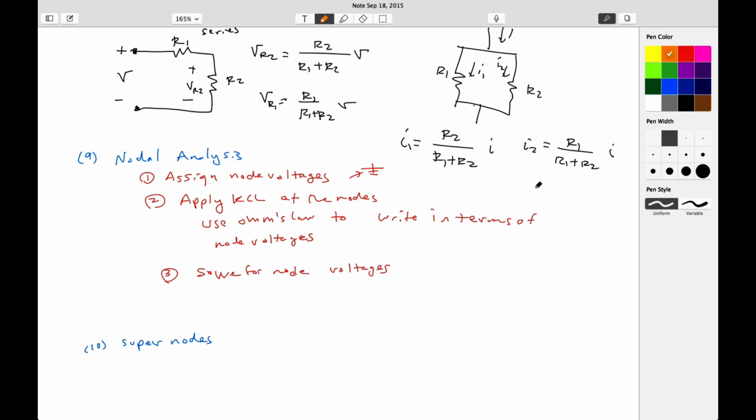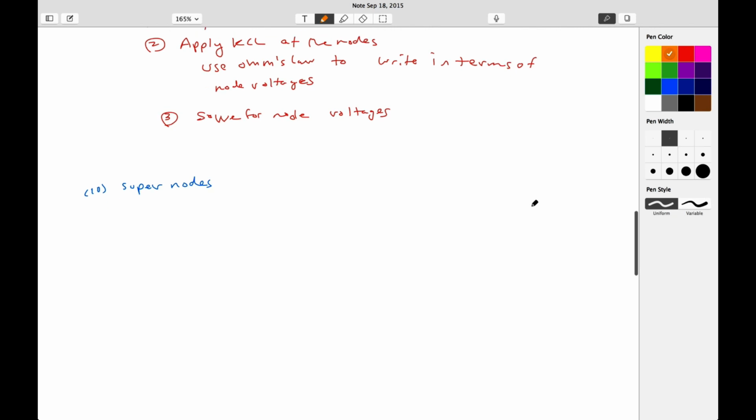All right, and then the last and final topic here is supernodes. How do I handle a supernode? Well, first let's remember what a supernode is. It is some voltage source in between 2 non-reference nodes. What we first do is write a constraint equation.